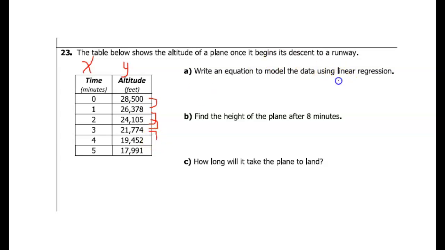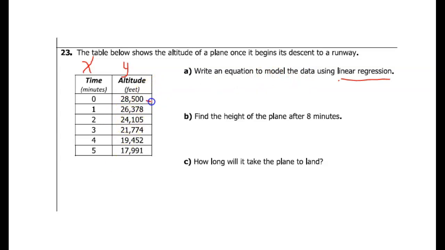So when they say using linear regression, that means that we're going to find a line of best fit. We'll use the data that we have and come up with an approximation for an equation that models this descent.